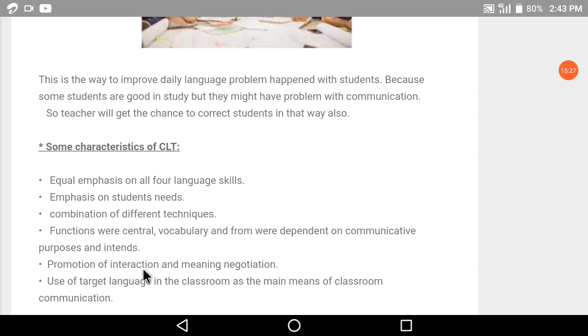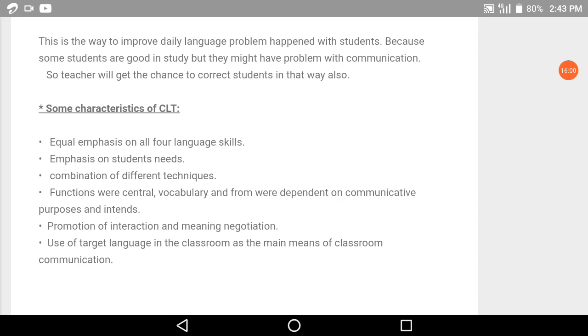Promotion of intellect and meaning negotiation. Meaning negotiation means the current scenario depends on negotiation. So through language teaching, students can negotiate in English, in Hindi, in any language different from their regional language. Use of the target language in the classroom is the main means of classroom communication.